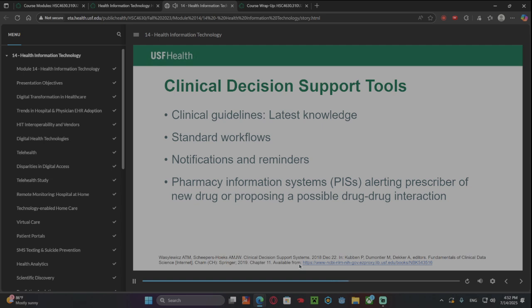It provides notifications and reminders for services. The pharmacy information systems alert prescribers of new drugs or possible drug-drug interactions. This support helps reduce medical errors and improve patient quality.